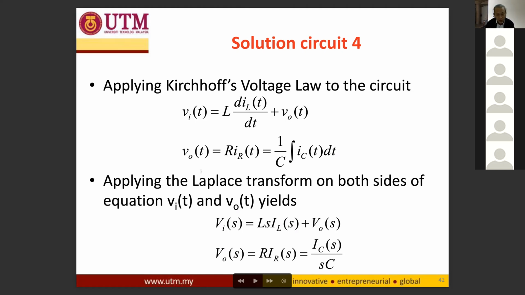But V0 is equal to, by Ohm's law, IR multiplied by R, and at the same time in parallel with the capacitance, 1 over C integral of IC dt. For these two equations, Vi and V0, we apply Laplace transform on both sides.